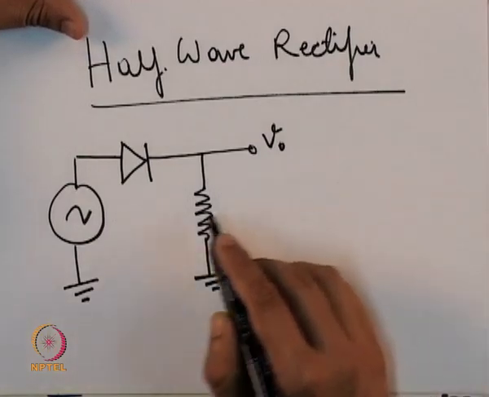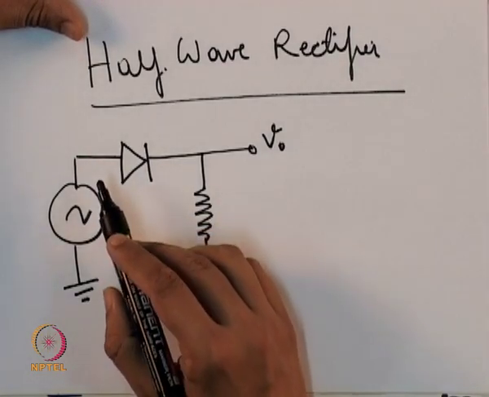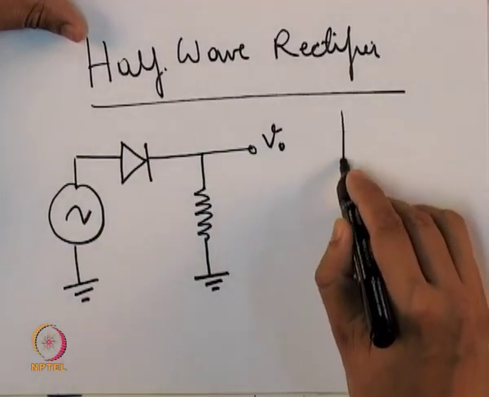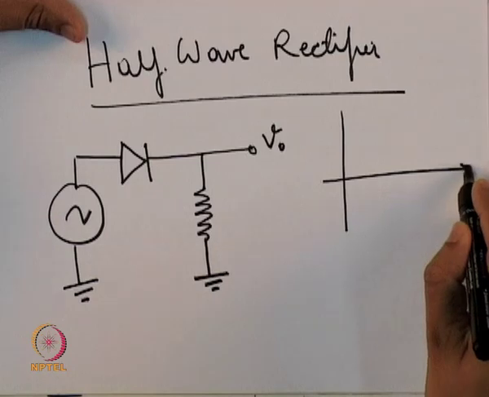Now usually if we consider an ideal diode, then of course, our rectification will be like this.